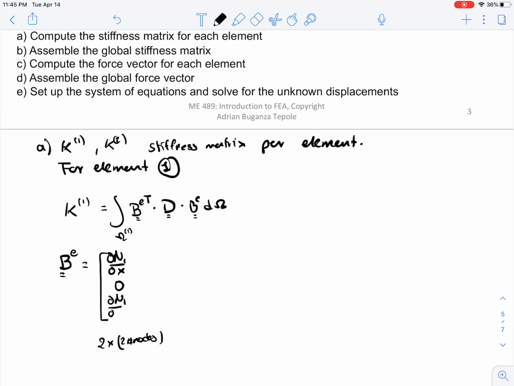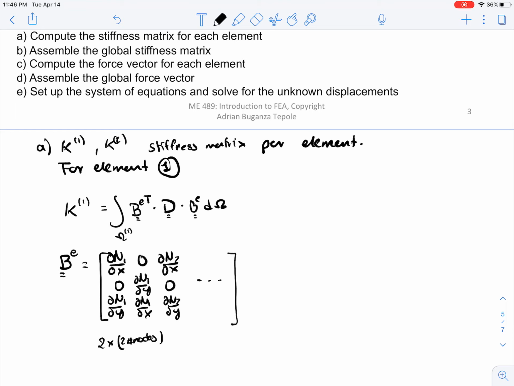So this will be first shape function with respect to x, then 0, then first shape function with respect to y, 0, first shape function with respect to y, first shape function with respect to x, then second shape function with respect to x, 0, second shape function with respect to y, and so on.